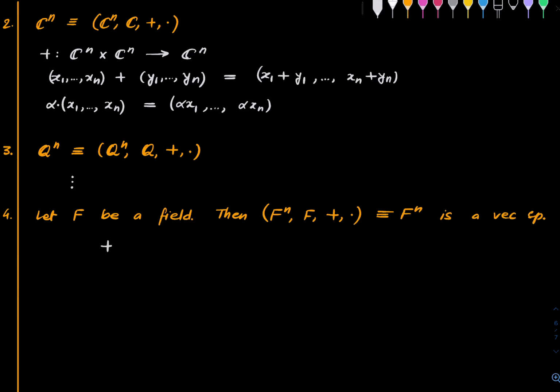So plus is a function from F^n cross F^n to F^n. Dot is a function from F cross F^n to F^n.